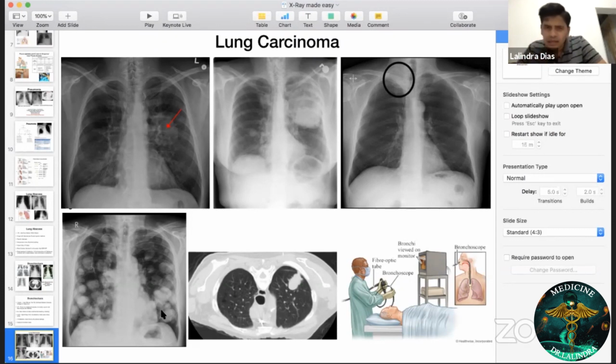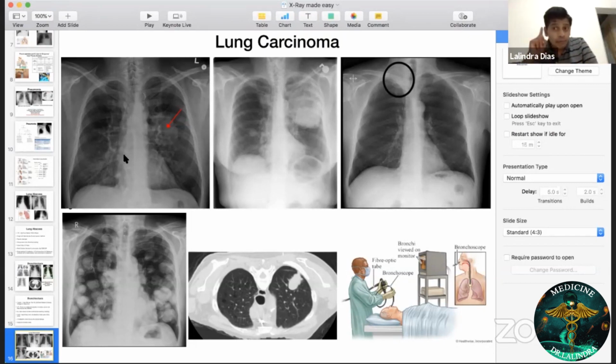Why is that? This one is different to this X-ray. So the X-ray on top, that is where you have a primary lung cancer. It's one single tumor. And here you see multiple deposits, multiple white opacities, and those are the secondaries.